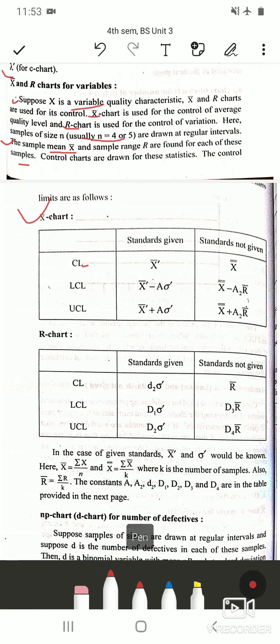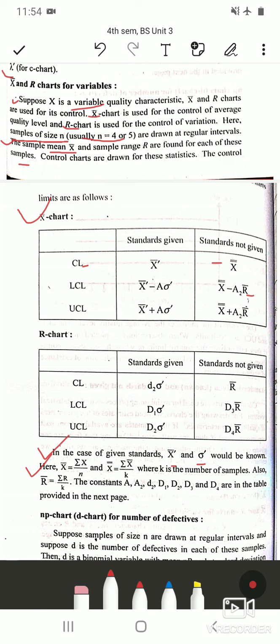Now we will see how to find this X double bar and R bar. In the case of given standards, as I said, X bar dash and sigma dash would be known. What is X bar? It is summation X by n. What is n? It is the sample size. It will be either 4 or 5, or sometimes 3 or 2, that is fine, but usually it will not be more than 5 for your syllabus or in the general case.